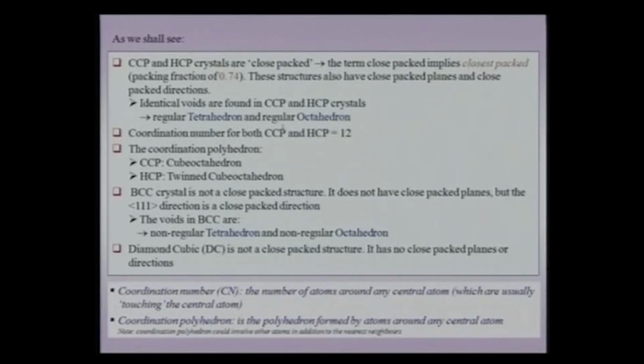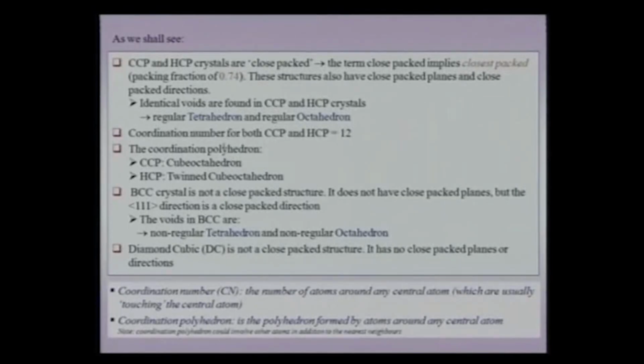The coordination number for both CCP and HCP is 12, and you can have no higher number than 12 for any configuration of equal size spheres. As we shall see, the coordination polyhedron for cubic close packed is the cuboctahedron, and for HCP it is the twinned cuboctahedron.